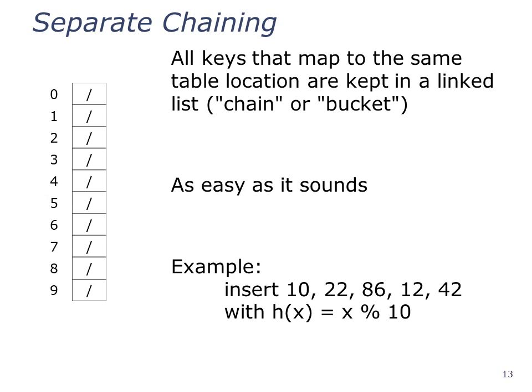In separate chaining, consider the hash table size is 10, with buckets from 0 to 9, and suppose we want to insert these keys by using a simple hash function h of x is equal to x mod 10.